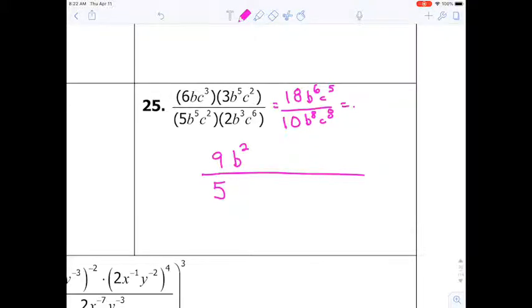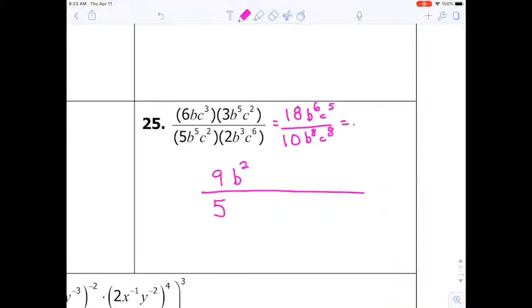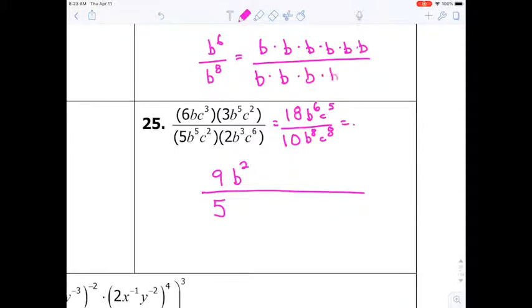for a second. Now, I want to talk about something there real quick. You might even put your pencil down so you're not tempted to move forward anymore. I just want you to think about b to the 6th over b to the 8th. In expanded form, that would be this. Oh, wait, actually, this is a mistake. Good thing I did that.